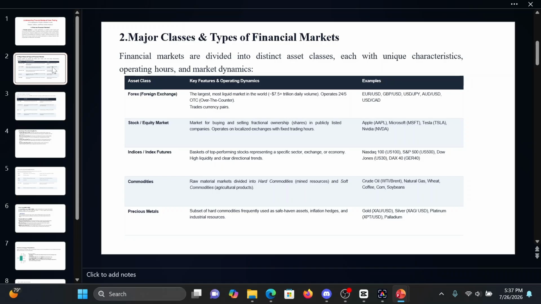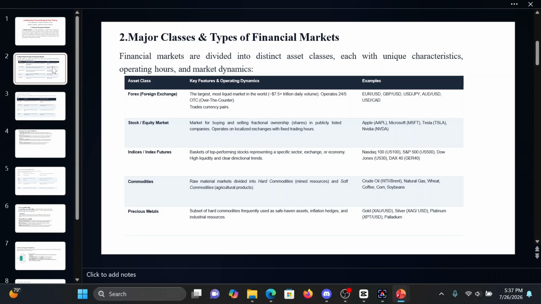Then we have what we call the stock or equity market. The equity market is a market for buying and selling fractional ownership, or shares, in publicly listed companies, and operates on localized exchanges with fixed trading hours. With the stock market, you buy a share in a given company.